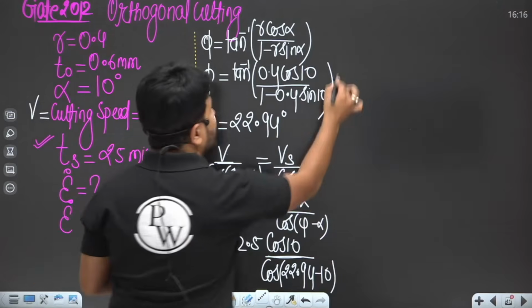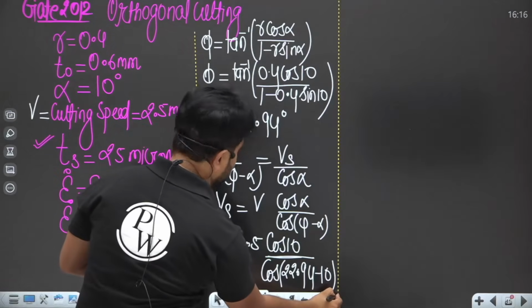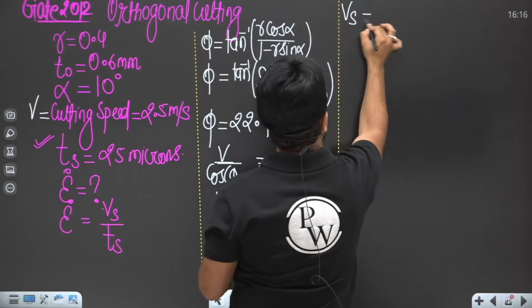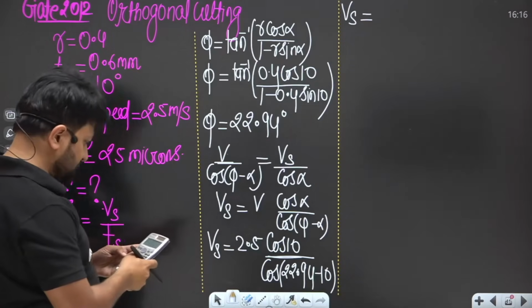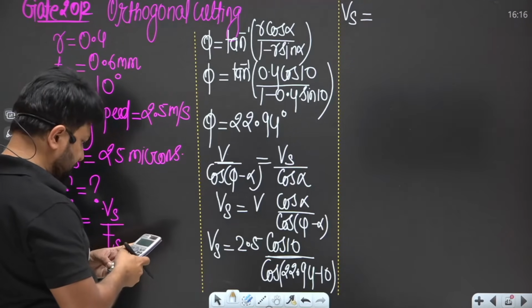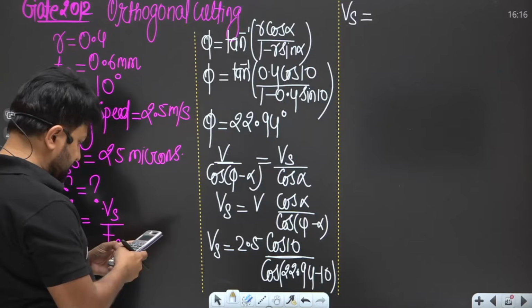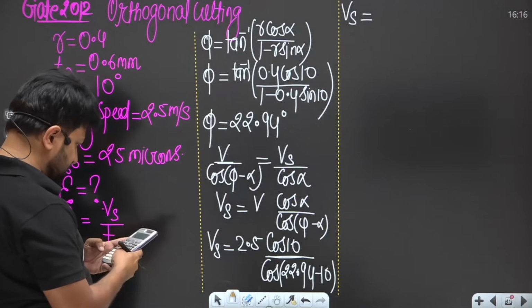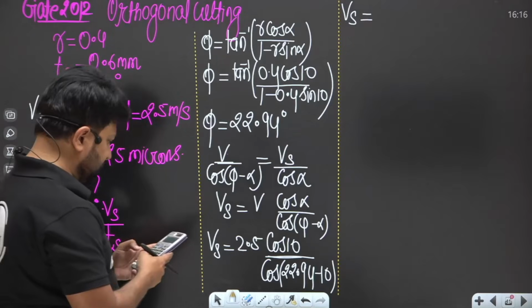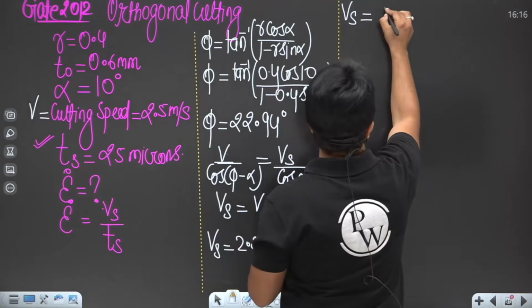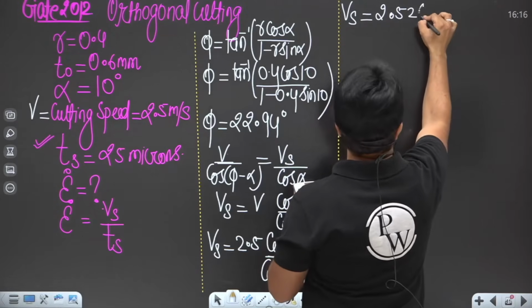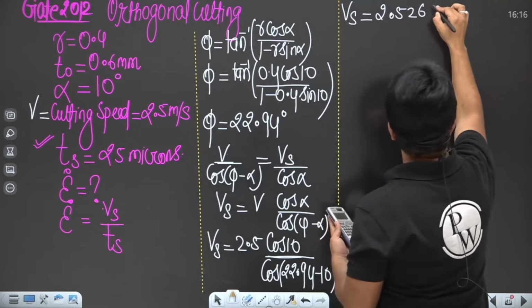So you will get the value of Vs. Let me calculate: cos of 10 divided by cos of (22.94 minus 10), into 2.5. It comes to 2.526 meters per second.